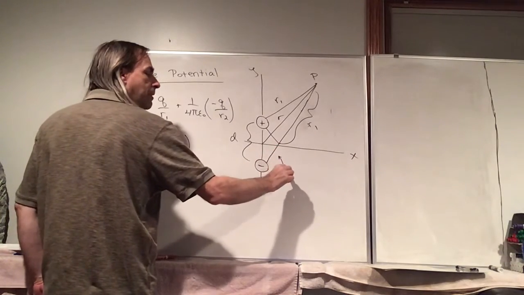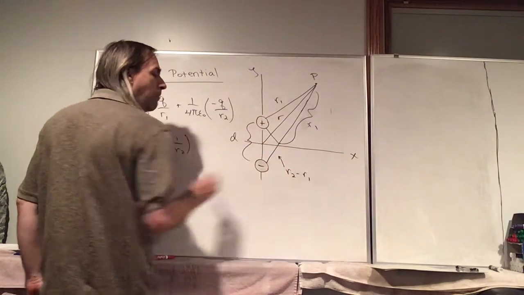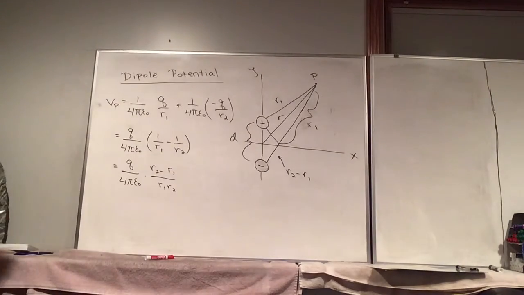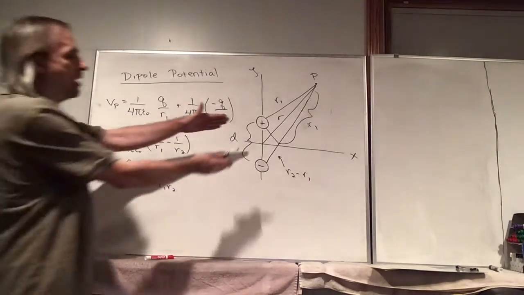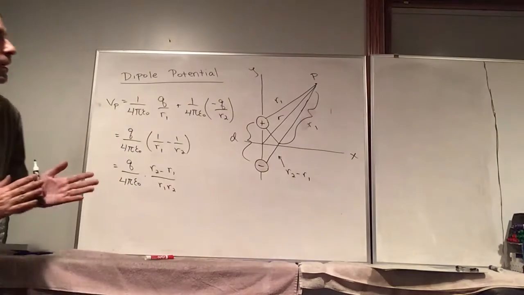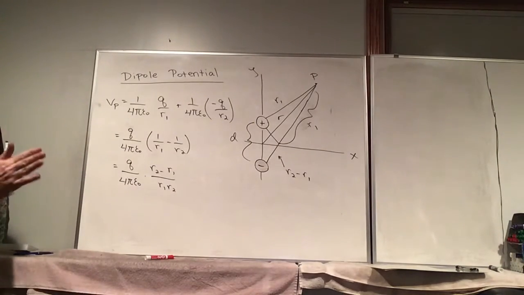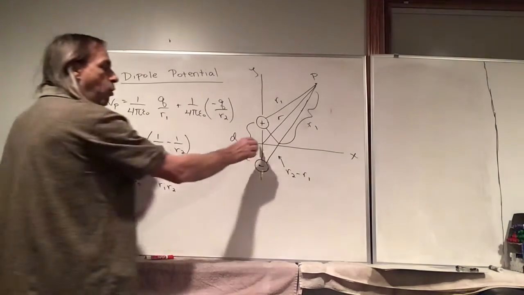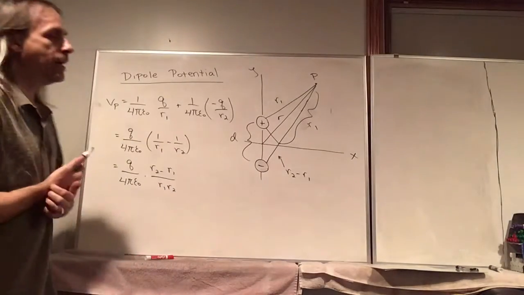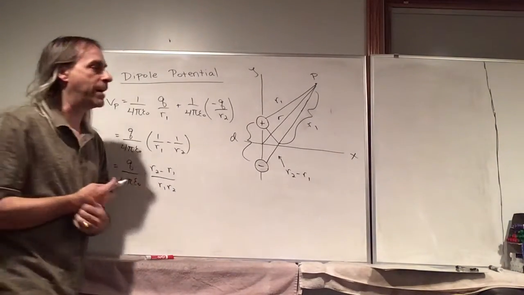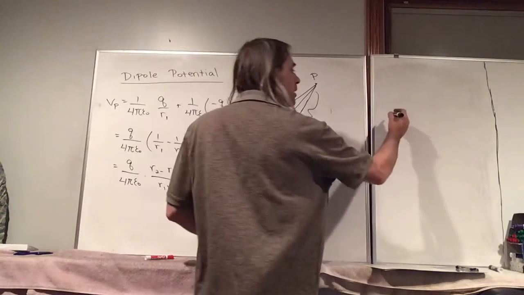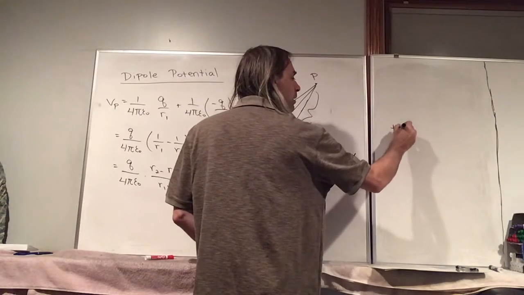And then this distance would be r2 minus r1. Again, these points are very close together, so we're going to treat this as a dipole at the center. And we're going to define our dipole as a vector. I'll do this off to the side.